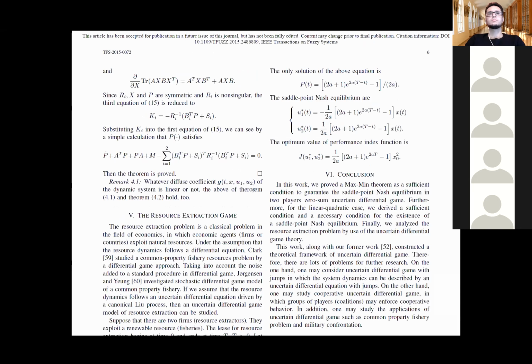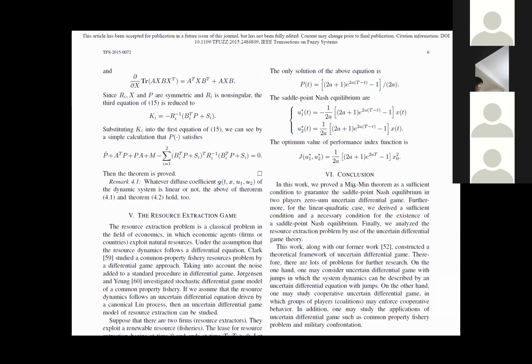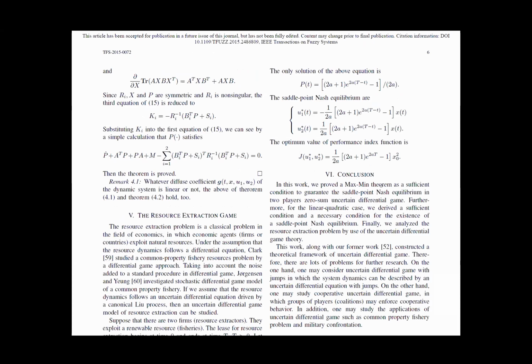In this paper, the authors mainly prove two theorems. So they prove a matrix minimum theorem as a sufficient condition to guarantee the saddle point Nash equilibrium in the two-player zero-sum uncertain differential game.